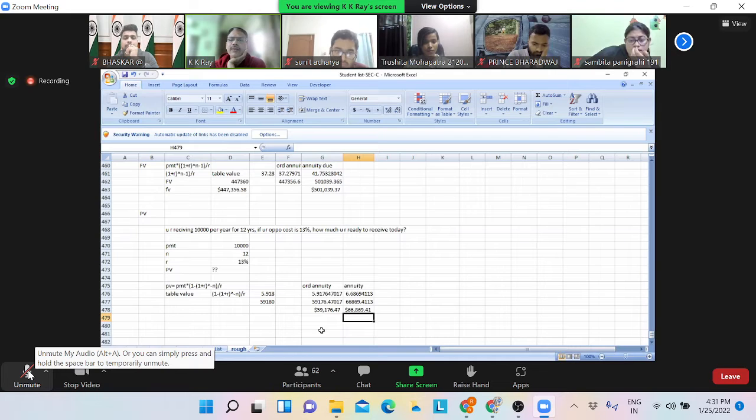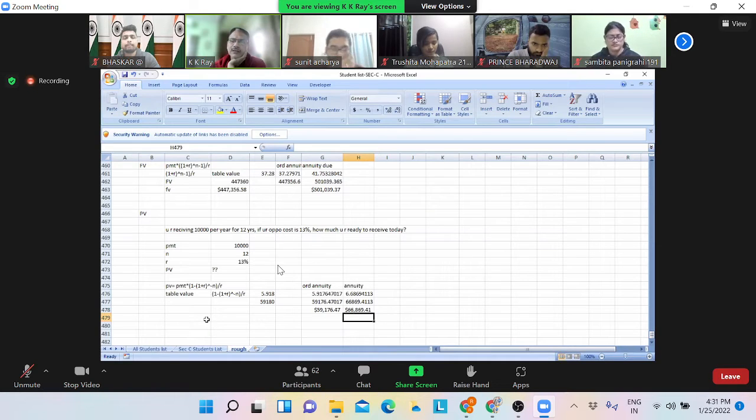So this is the way you can calculate manually as well as with the help of Excel. Is it okay with everybody? Is anybody having any question so far?